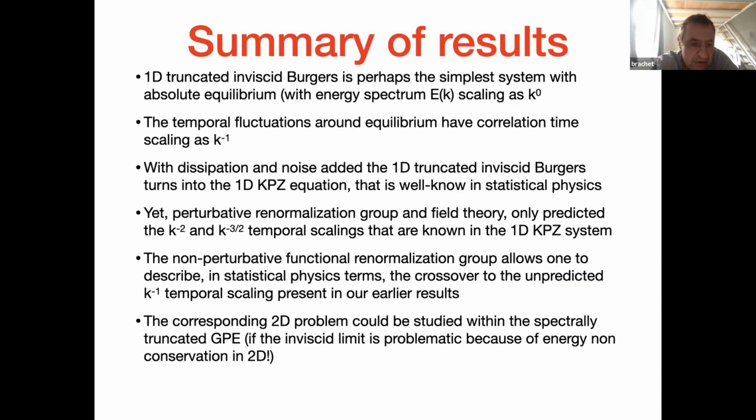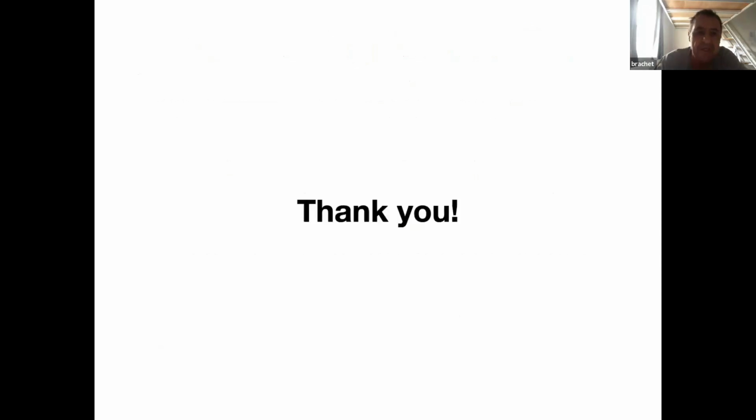As I just said, the corresponding 2D problem could be studied, but probably within the spectral truncated Gross-Pitaevskii equation, because the inviscid limit is problematic because of energy non-conservation in 2D in the original KPZ problem. And with that, I thank you and end my talk.